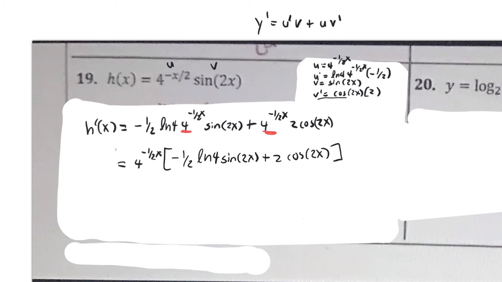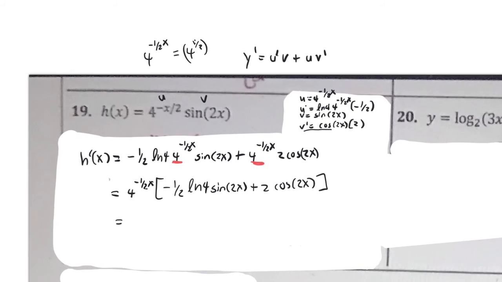Now, it is the case that 4 to the negative 1/2 x is really 4 to the 1/2 raised to the negative x, and that's really 2 raised to the negative x.